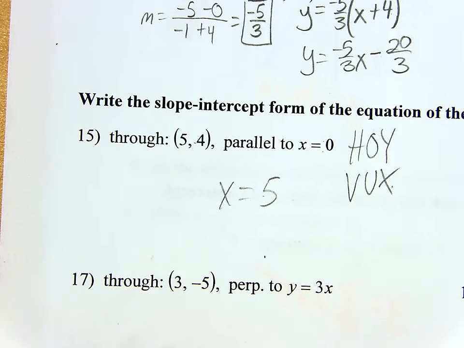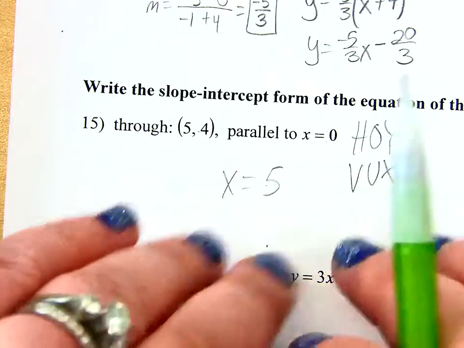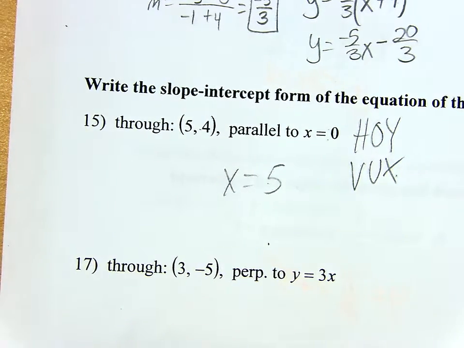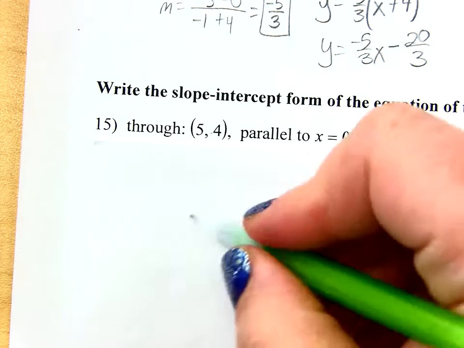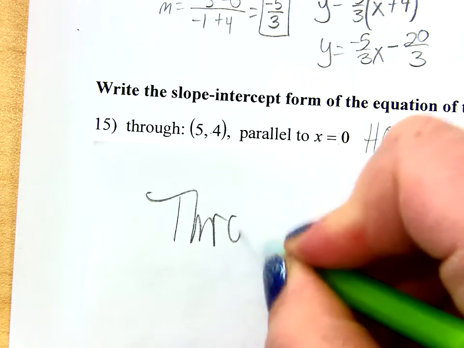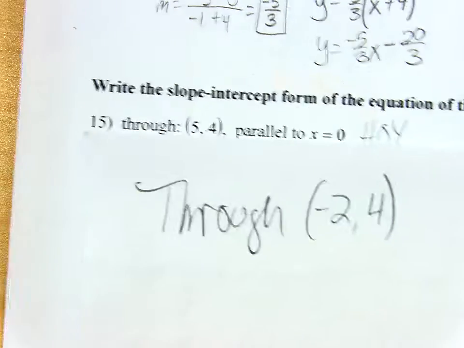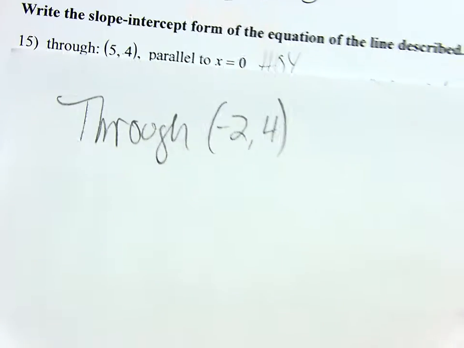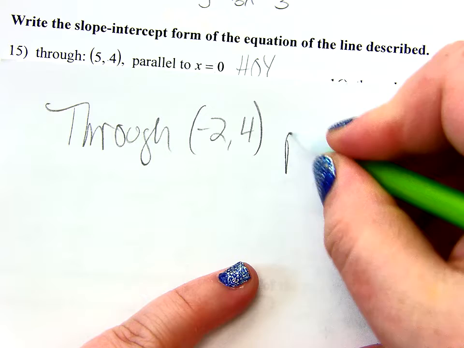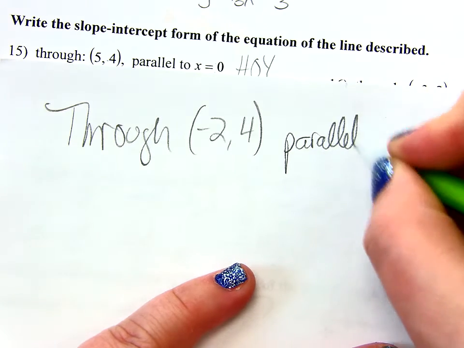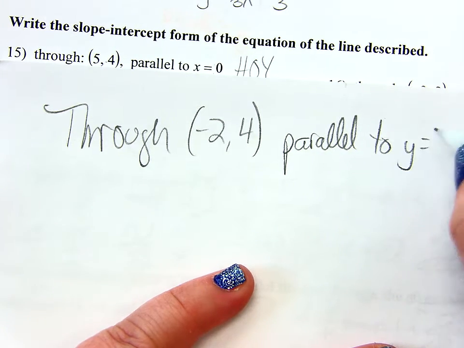For whatever reason, these types trip kids up all the time. So let me give you another one. Say I wanted to go through (-2, 4), and let's stick with parallel. Parallel to y equals 7.